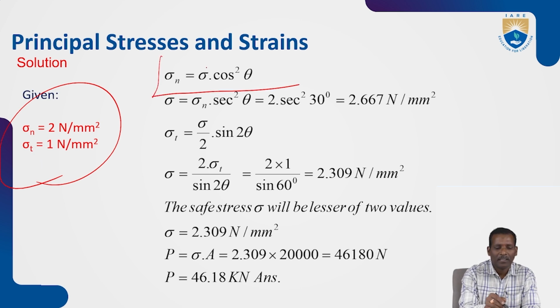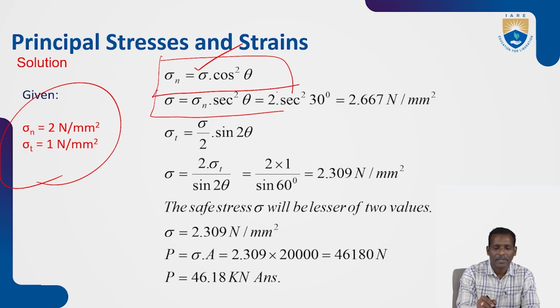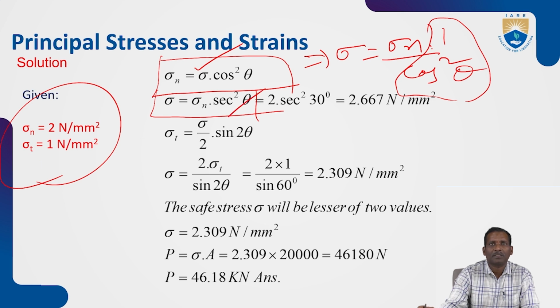See, you already know sigma n is equal to sigma into cos square theta. But here the tensile stress sigma is not given. So sigma is equal to sigma n into secant square theta. Otherwise you can take directly sigma n by cos square theta, that is 1 by cos square theta, secant square theta.